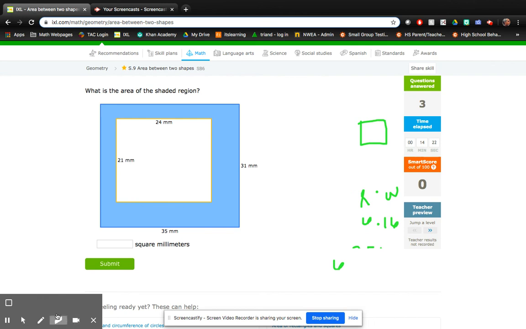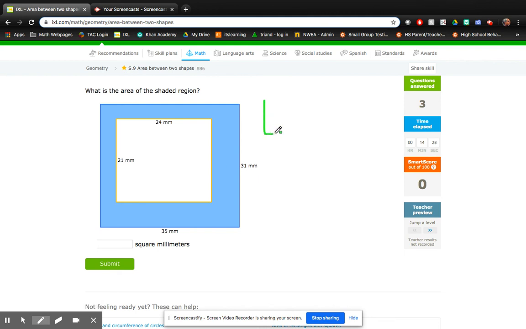I'll do one more with you here, one where it's not a square minus a square, but rather a rectangle minus a rectangle. You may not need this one. You're going to do outside rectangle minus inside rectangle. So your outside rectangle is length times width, and your inside rectangle is also length times width.